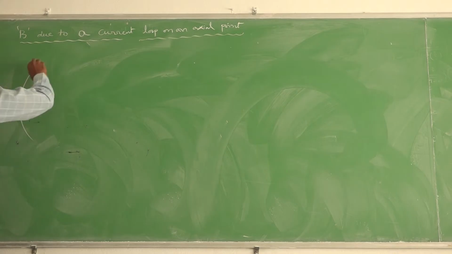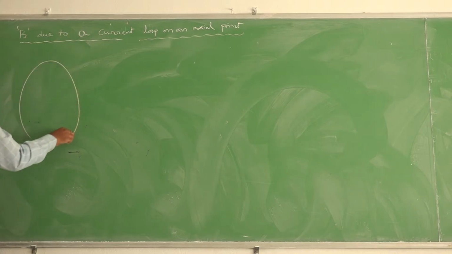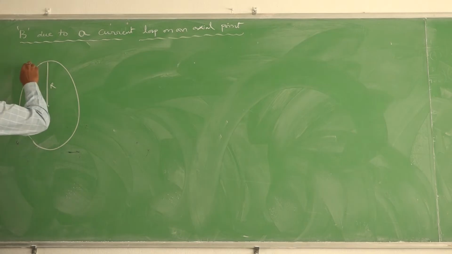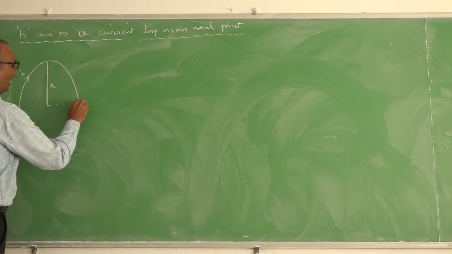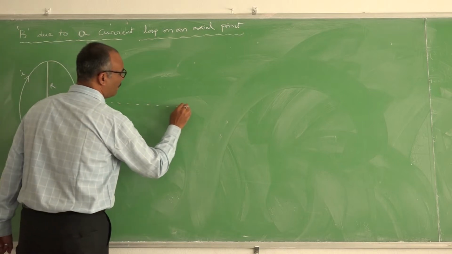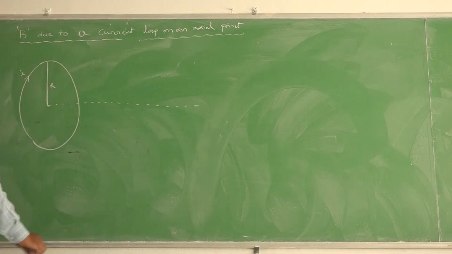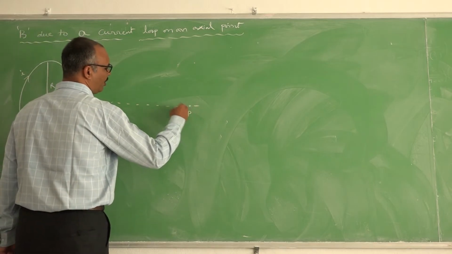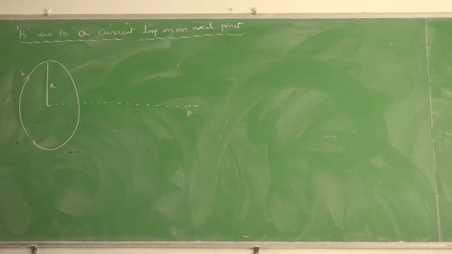This is a circular loop of radius r carrying current I. This is the axial line of the current loop. We need to find magnetic field at this point because of this current carrying loop.